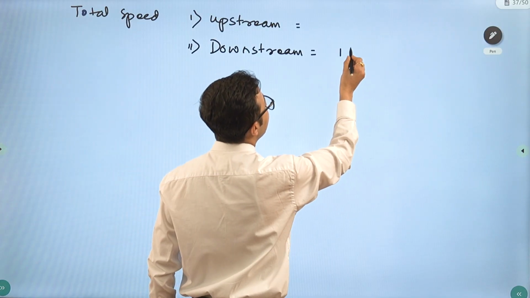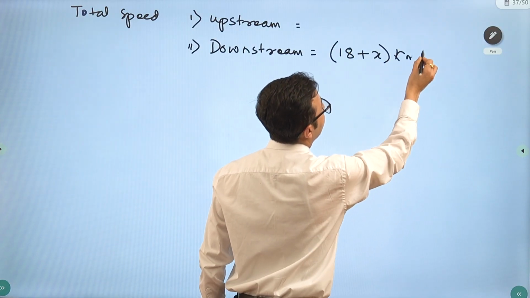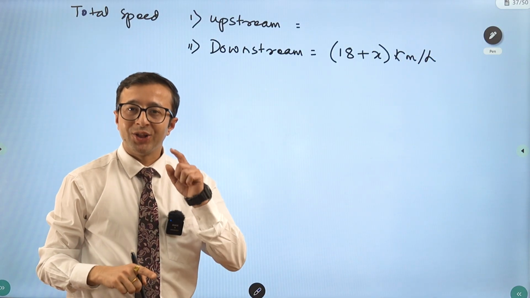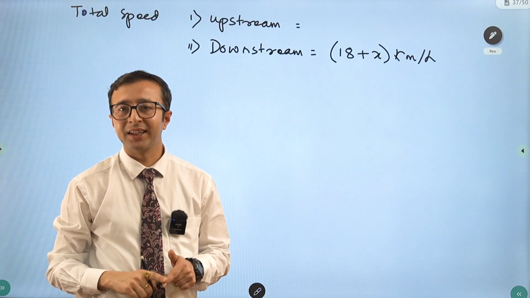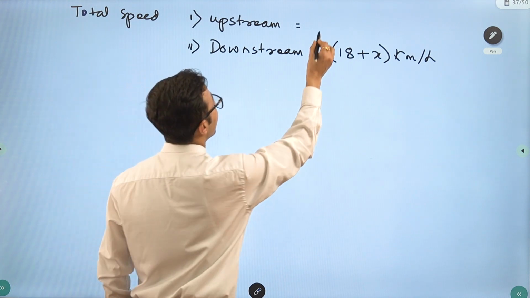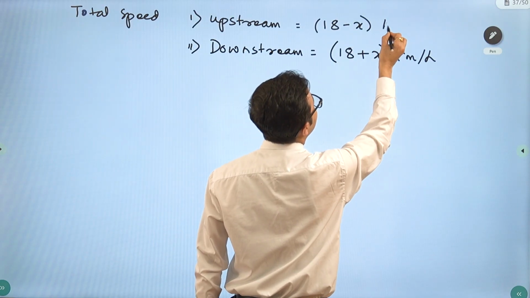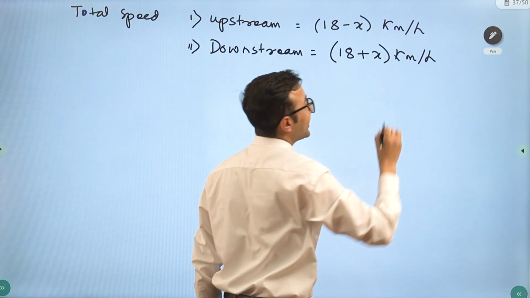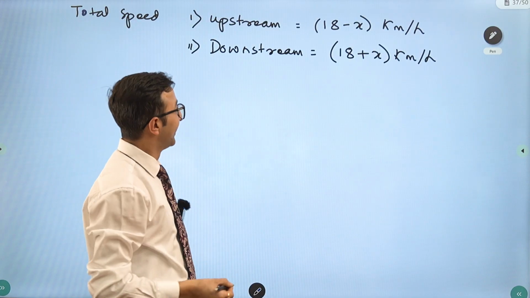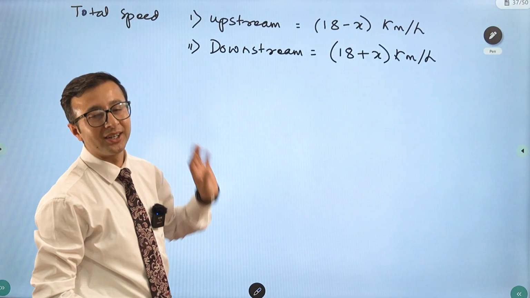So it will be 18 plus x kilometer per hour. But while going upward, the speed of the boat should be bigger than the speed of the stream, then only moving upward is possible. That's why you need to write 18 minus x. Don't write x minus 18. Instead of going upward, you will reach somewhere down there. So these are the total speeds in upstream and downstream.